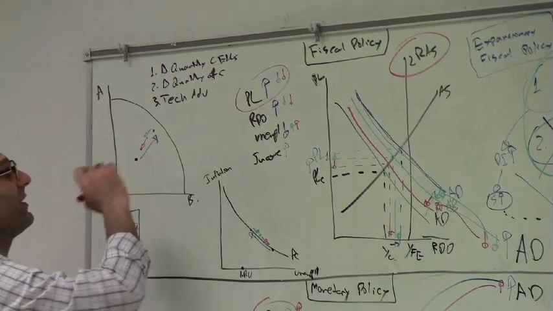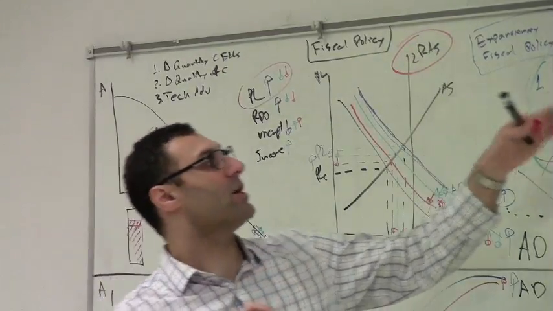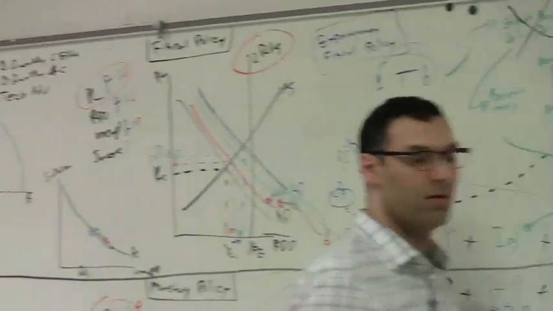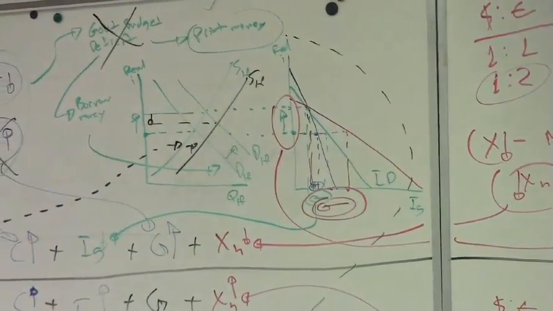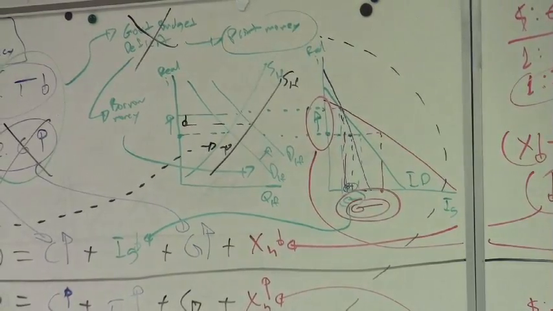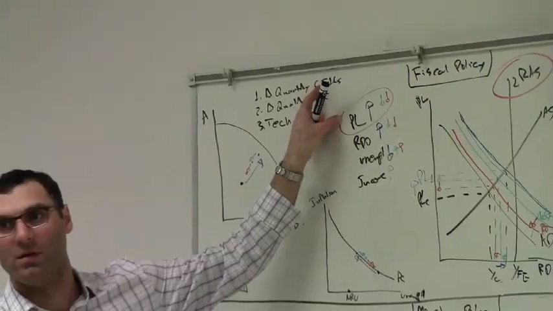But one thing we definitely know is that because of expansionary fiscal policy and this crowding out effect, investment went down. If investment went down, how does that affect the amount of capital at hand, machinery, tools, and equipment?